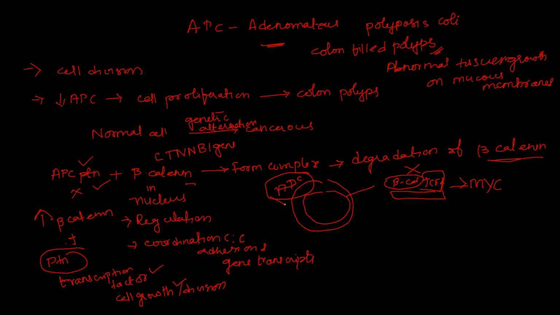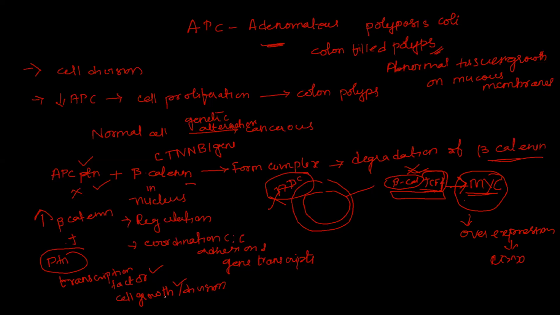But once this APC is not present, what will happen? This binding to another factor will occur, and this will form another protein which is called the MYC protein. And you know about MYC, right? We already learned about it, which will help in the overexpression of the cell. Overexpression of cells, so there will be more and more cells formed.